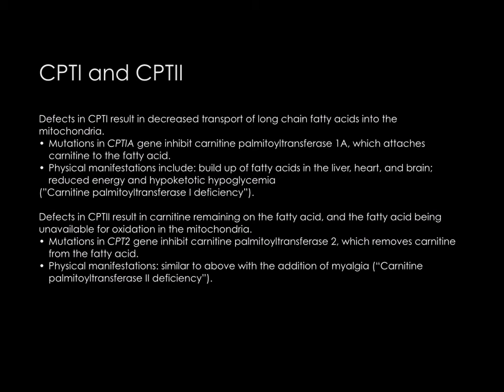It also occurs because of a mutation on a specific gene, actually the CPT2 gene, and that mutation is going to inhibit carnitine palmitoyltransferase 2, which removes carnitine from the fatty acid, so that the CoA can be reattached to the fatty acid, because that's the only form that can undergo, obviously, beta oxidation. That goes without saying.